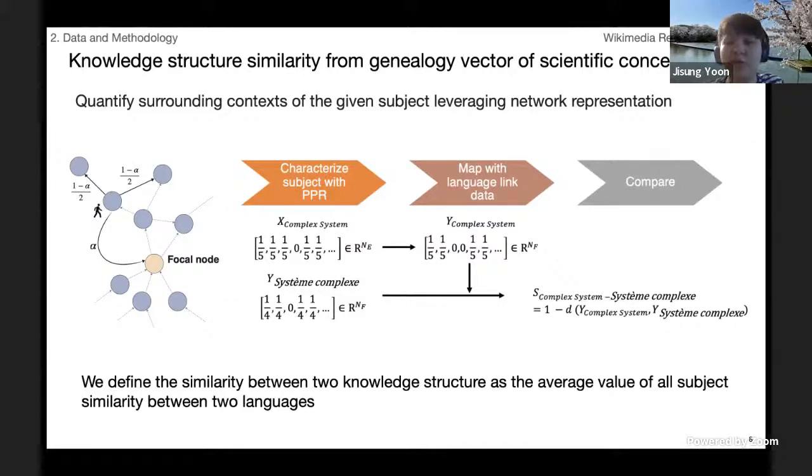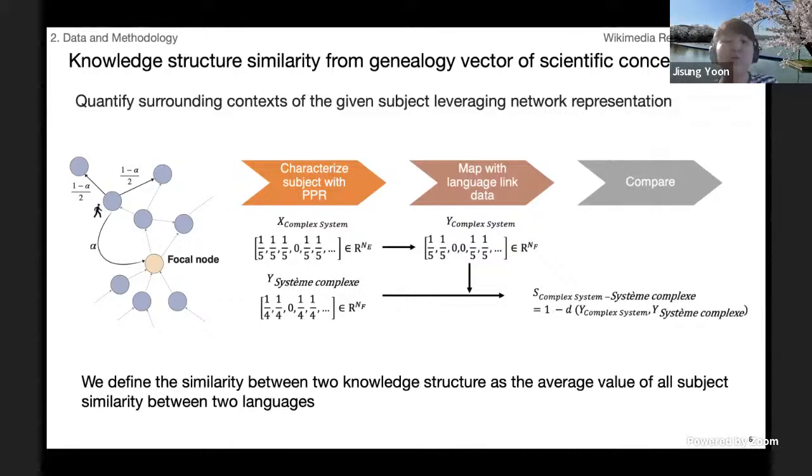Then we can calculate the similarity between complex system and the equivalent document in French Wikipedia. We define the similarity between two knowledge structures as the average value of all subject similarities between the two languages, resulting in one measure for two different language groups.